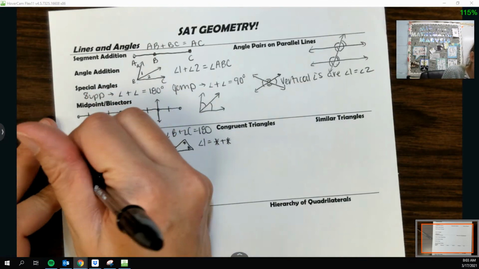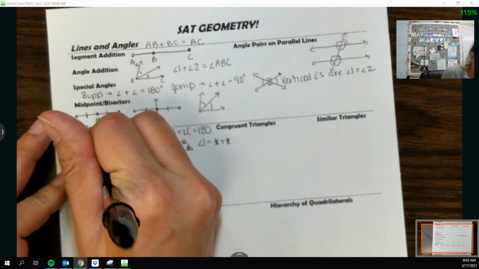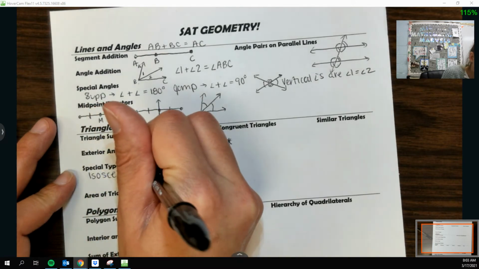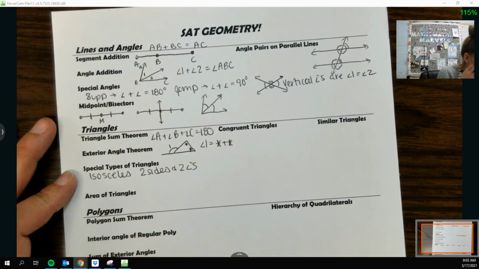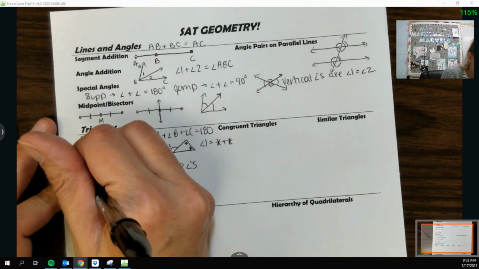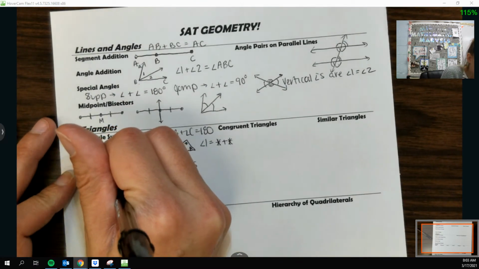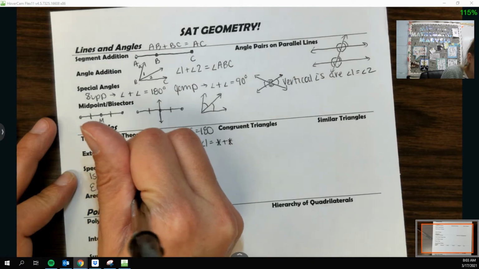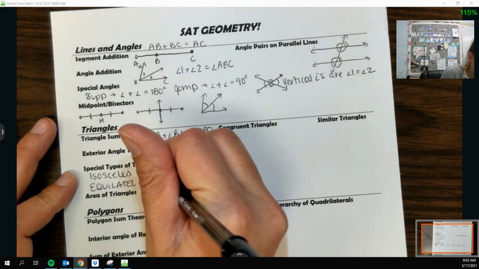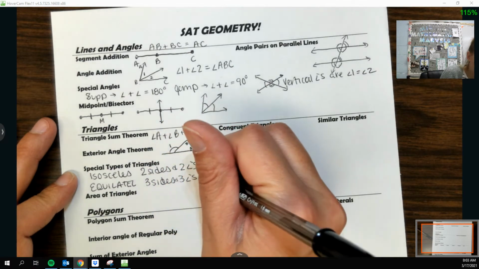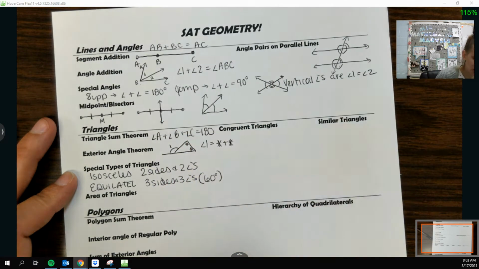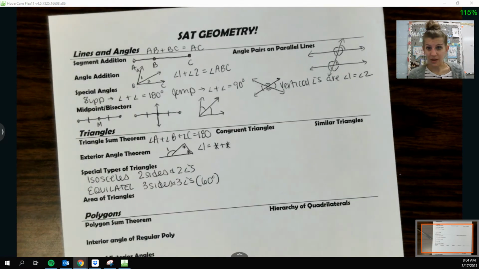We got special types of triangles. We got isosceles triangles, where two sides and two angles are the same. We got equilateral, or equiangular, which is three sides and three angles the same, which means that your angles will always be 60 degrees, which is 180 divided by 3, hopefully that makes sense.